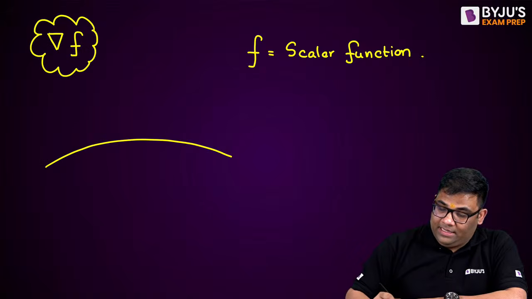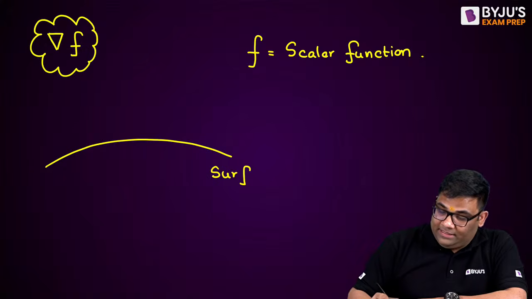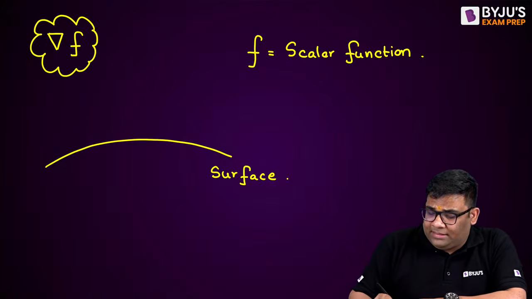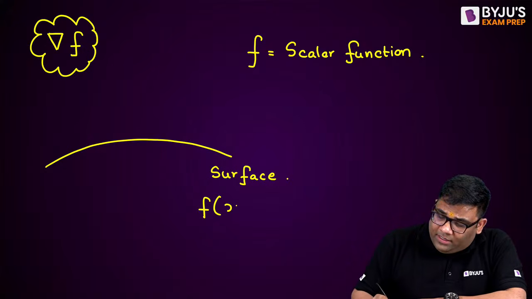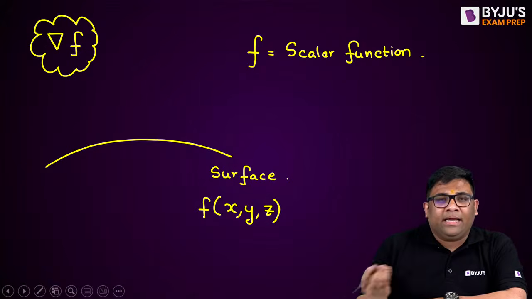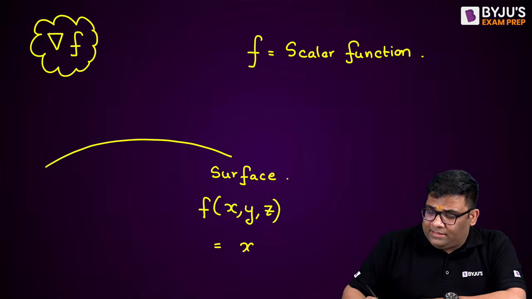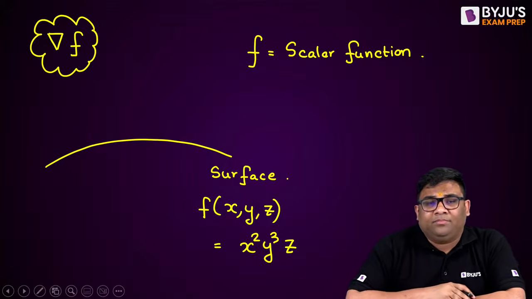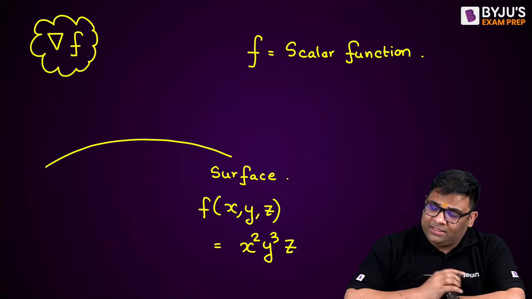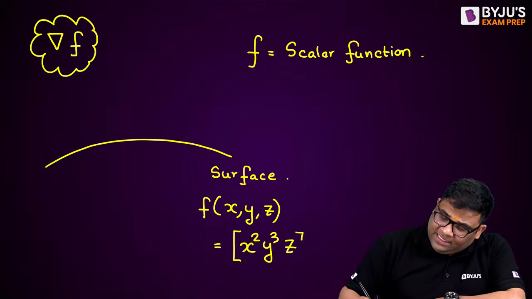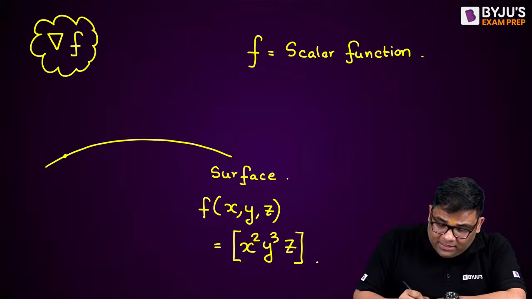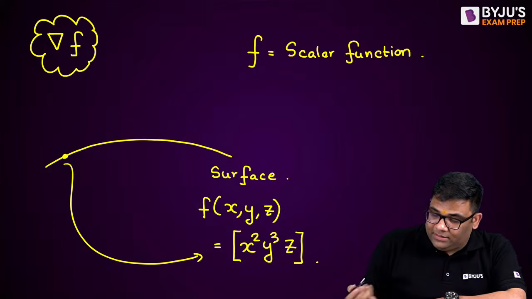Any point on it will be a function of x, y, z coordinates, right? Suppose I say x square, y cube, z. Suppose this is the function. So any surface can be represented as a scalar function, because any point on this can be found out using this value.